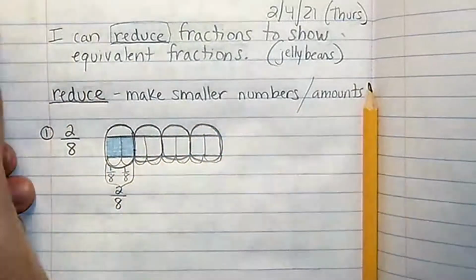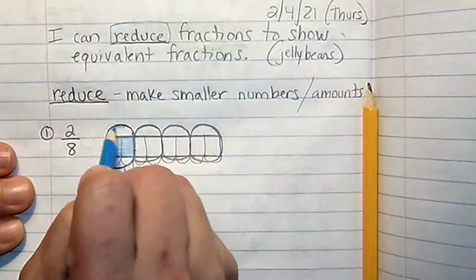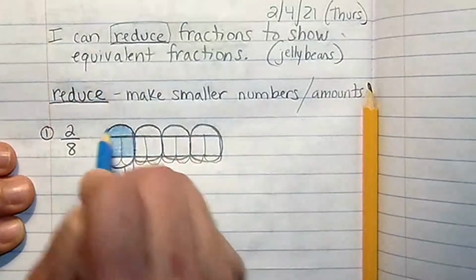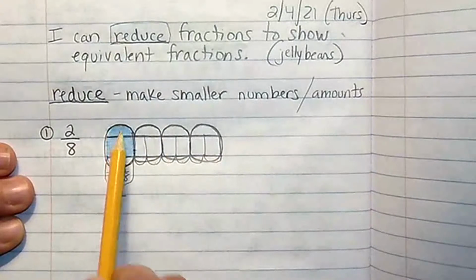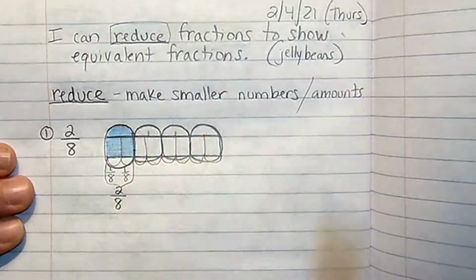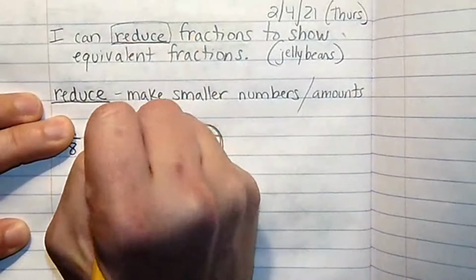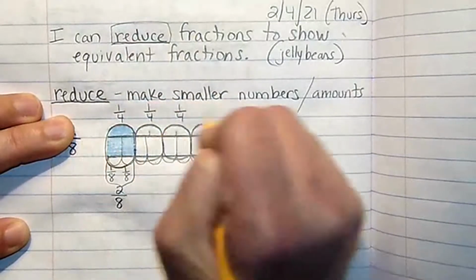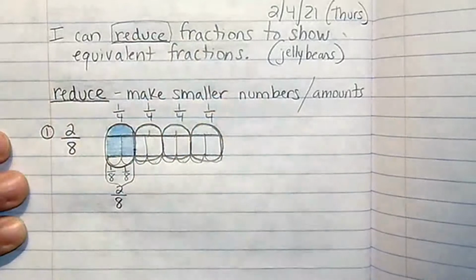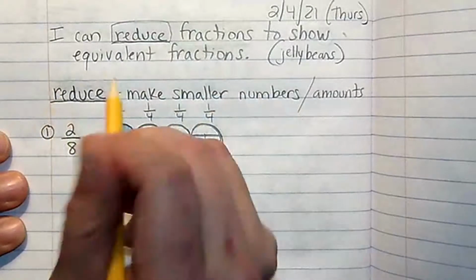Well, now I'm going to look up at the top, and I'm going to color in the jelly bean that's colored, but I want to count how many jelly beans there are. 1, 2, 3, 4. That means this one's 1/4, and this one's 1/4, and this one's 1/4, and this one's 1/4. But how many of them are shaded in?